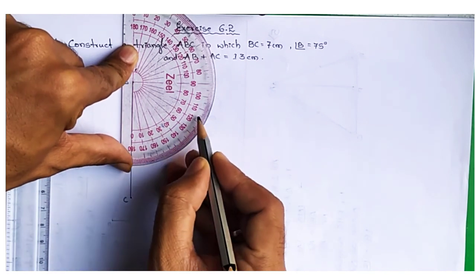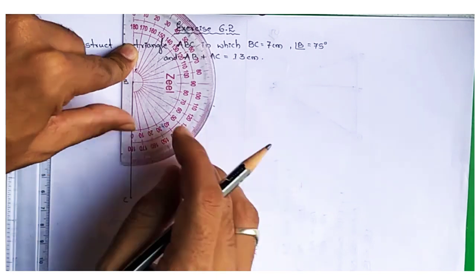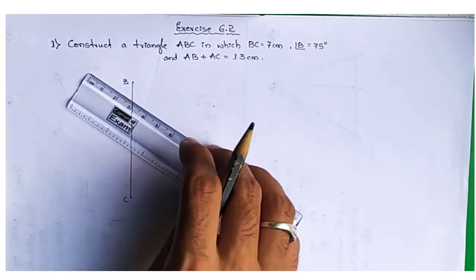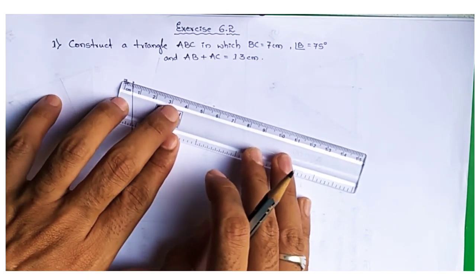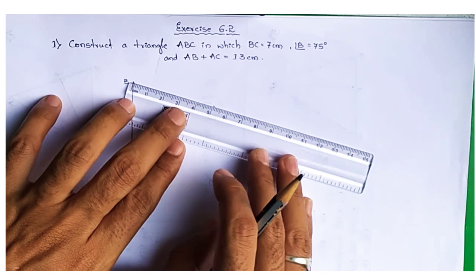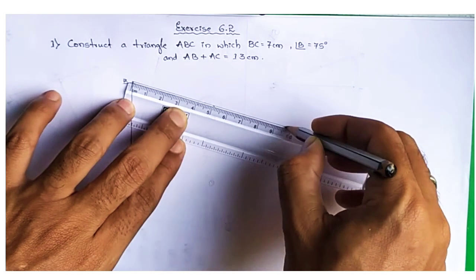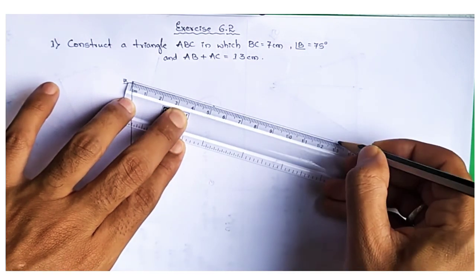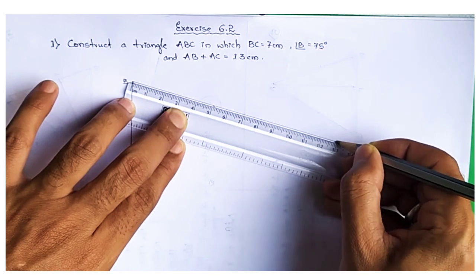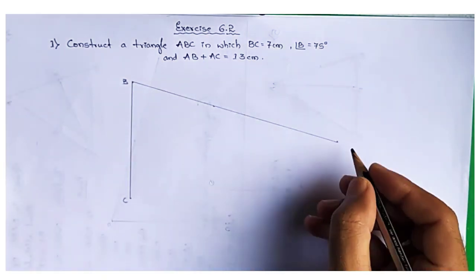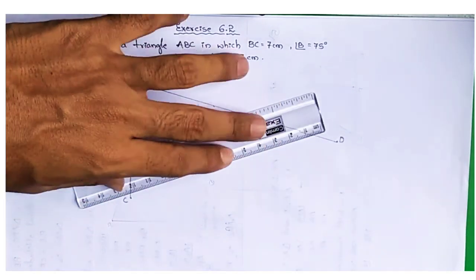Here at the 75 degree mark, join B up to how much sum they gave, 13 centimeters. So up to 13 centimeters mark it. Let's name it as D. Join that D to C.